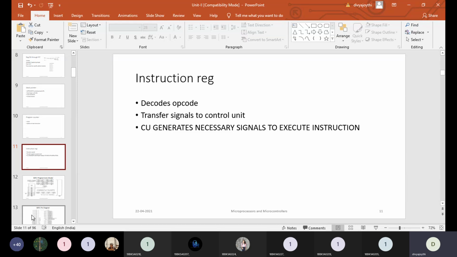The signals from the control unit help the processor execute the instructions. So that is all about the instruction register. These are all the 6 general purpose registers that we have in the 8051 microcontroller.